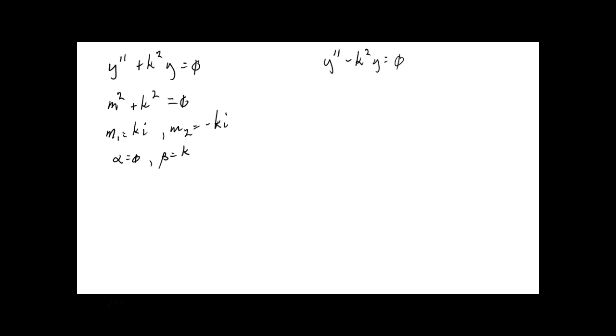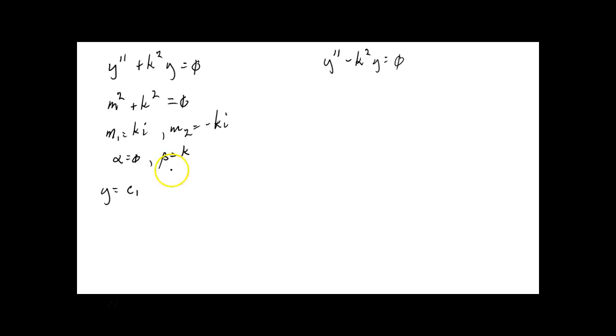Now, from the previous page, for conjugate complex roots, your general solution would be y is equal to C1. Now, with alpha being 0, there is no e to the alpha x. e to the 0x is e to the 0, which is 1.